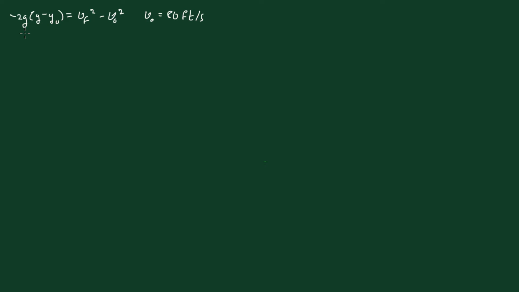Our gravitational acceleration g is equal to 32 feet per second squared. And our initial height, y0, is 224 feet. Let's not forget about y. When the stone strikes the ground, y is equal to 0. Okay, so let's go ahead and plug these in.